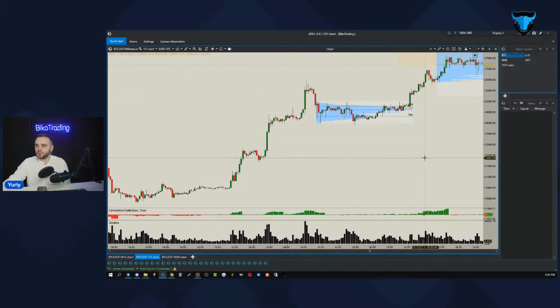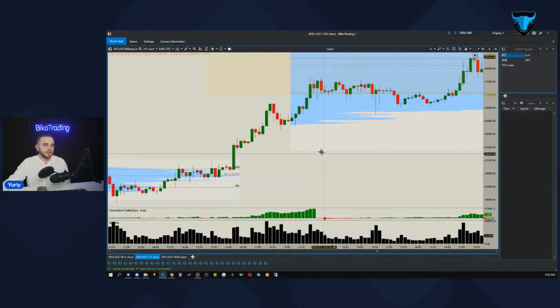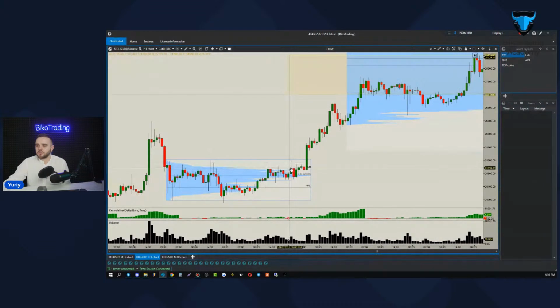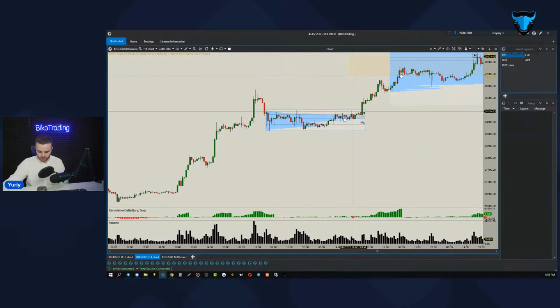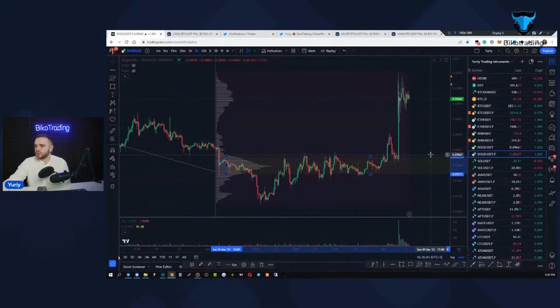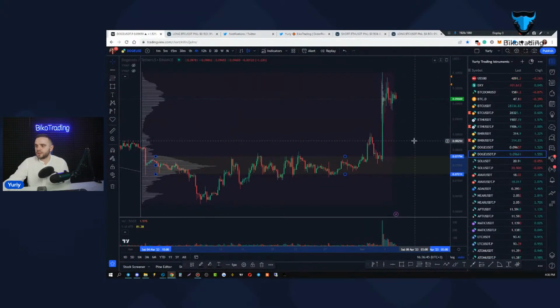That's an example for you of a powerful environment. What else? What could be additional good confirmations for entry? Let me show you a few additional examples of breakout environment.